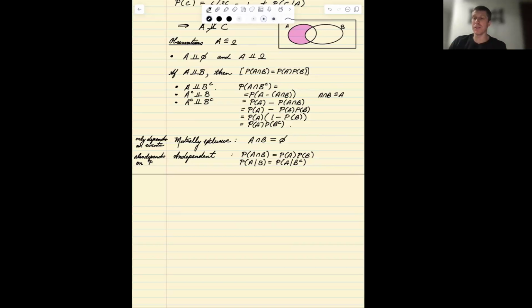It doesn't matter what the probability is. If they're not mutually exclusive, they're never mutually exclusive. Two events A and B might be independent under one probability measure, not independent under another. So independence is totally a probabilistic property, while mutually exclusive is a set theoretic property. So they're different.